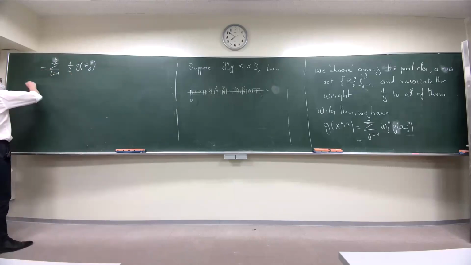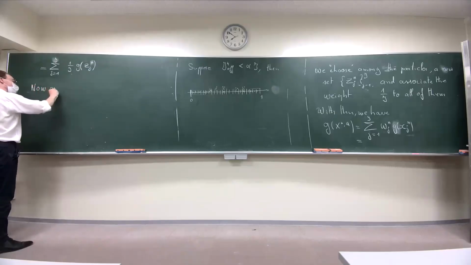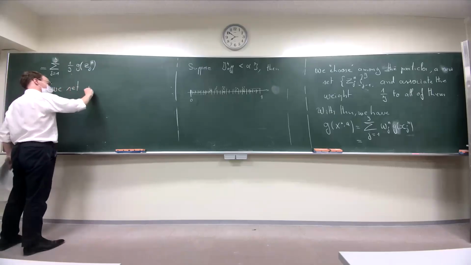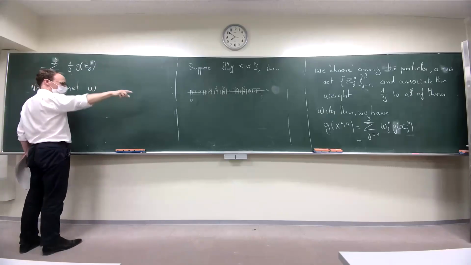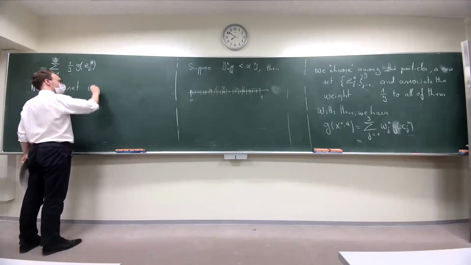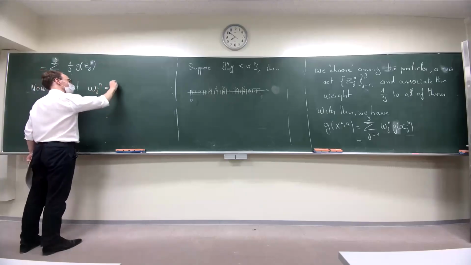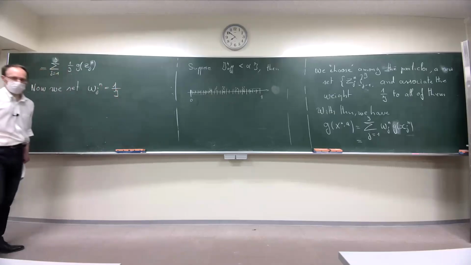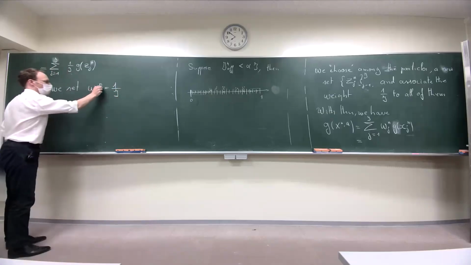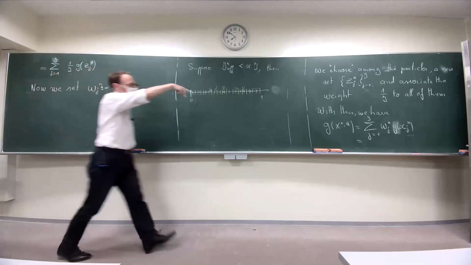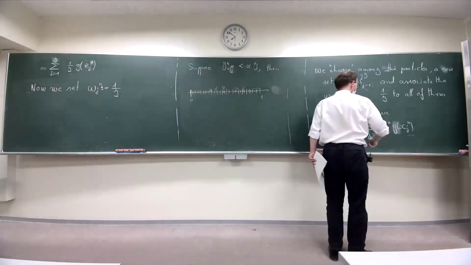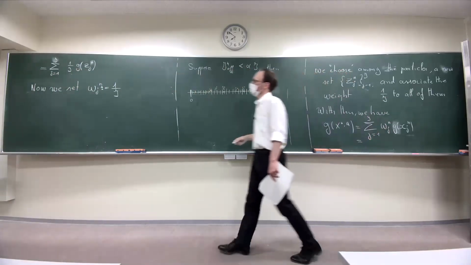Now we set, I couldn't do it before, but now because I have already computed this, we set this equal to 1 over j. So now I give a new value. Before it was the value we had before the resampling, but now I set 1 over j.